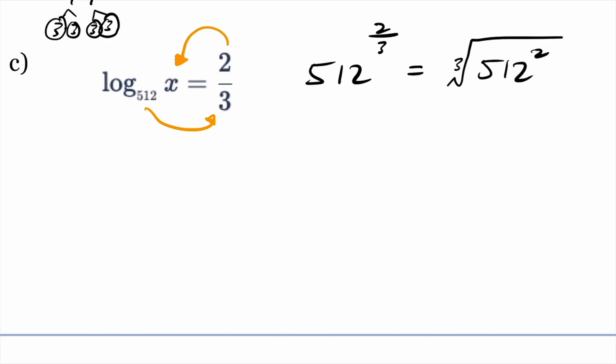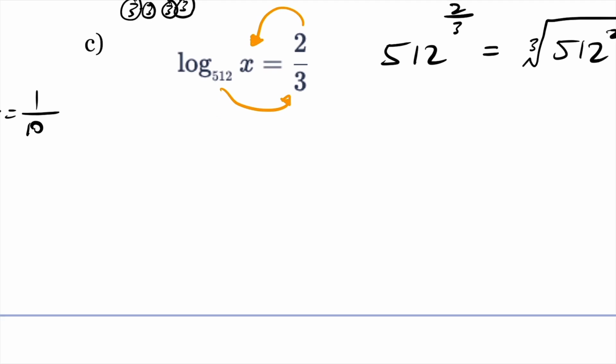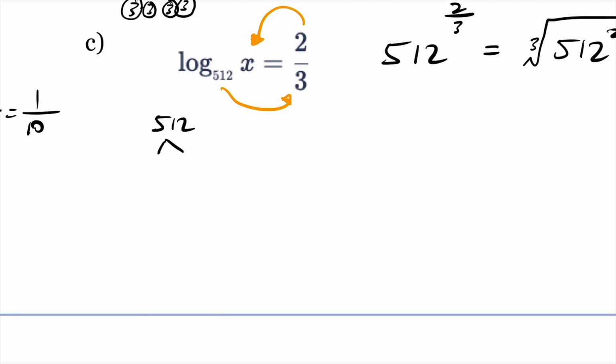Okay. So how many pairs am I looking for? Or how many of a kind am I looking for? 3. Do I have 3? Nope. So what do we do? Break down 512 to see if there's any hidden in there. 512 is going to have a lot of 2s. A lot of 2s. 512 is 32 times 16.